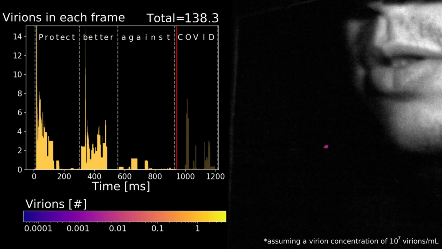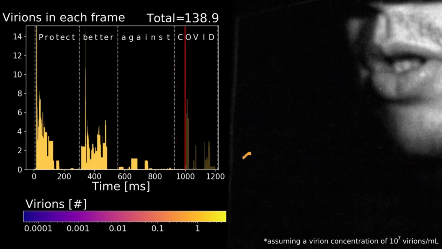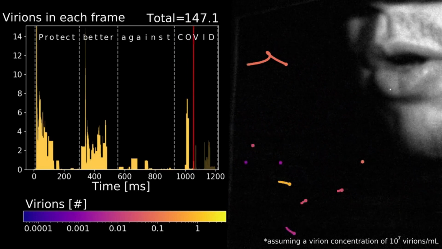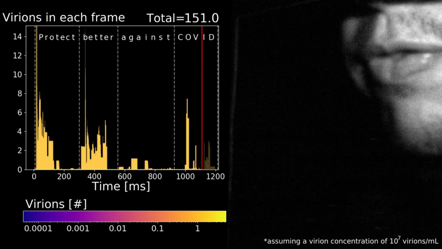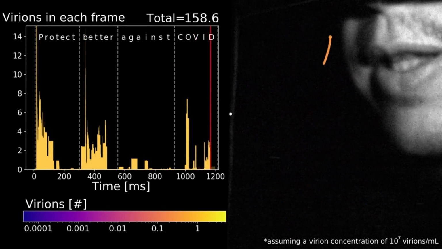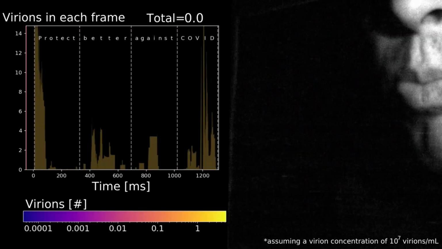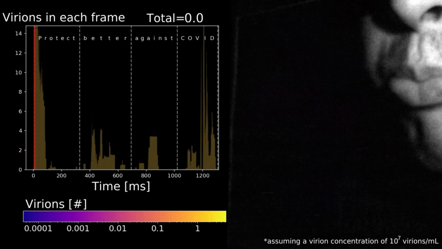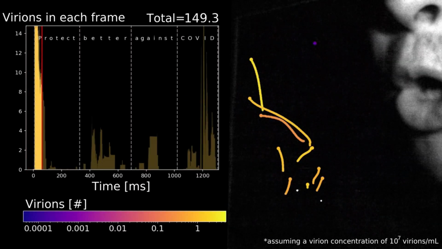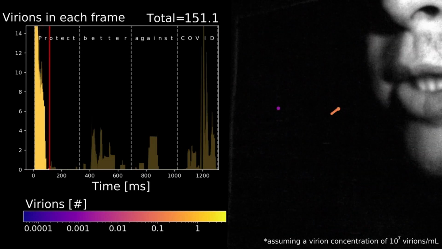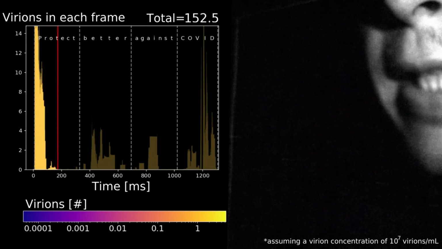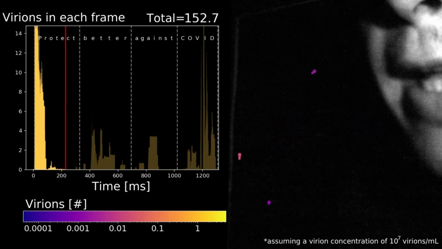And for the word COVID, the V emits particles. If now we are yelling this sentence, once again, the P of protect emits a lot of virions, in this case above 150.